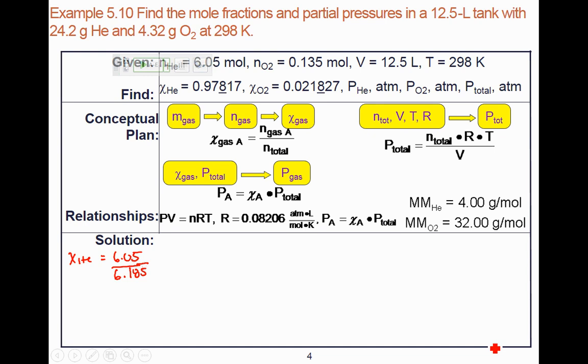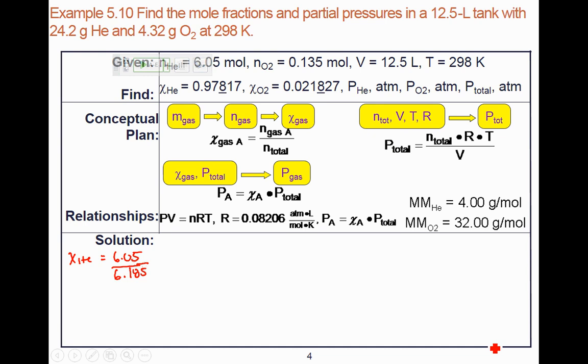Notice in our total moles, He is contributing the most. We have 6.05 moles of He. We only have 0.135 moles of O2. Again, remember, we cannot compare the grams. In this case, we have more grams of He, but that will not always be the case.